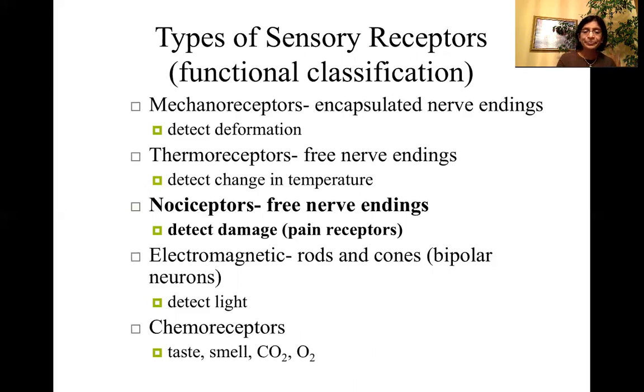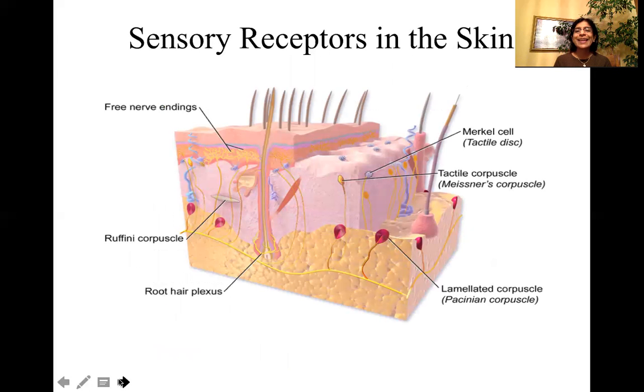Okay. With this, let's move on to look at the sensory receptors in a very classic example of a sensory structure, the skin. It houses a number of receptors.